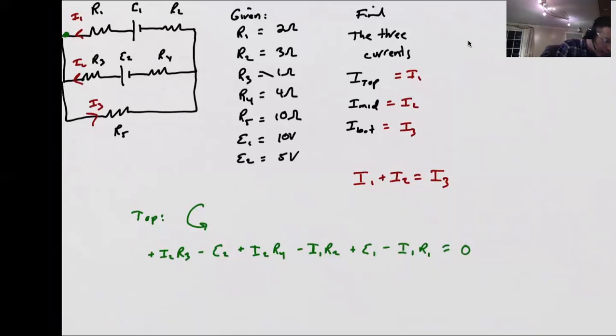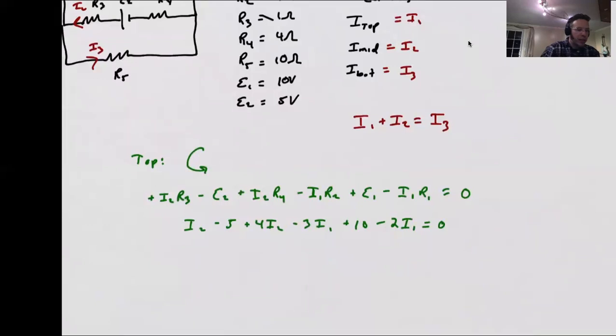And what I get is I2 minus 5 plus 4I2 minus 3I1 plus 10 minus 2I1 is equal to 0. That's plugging in all of the resistances.